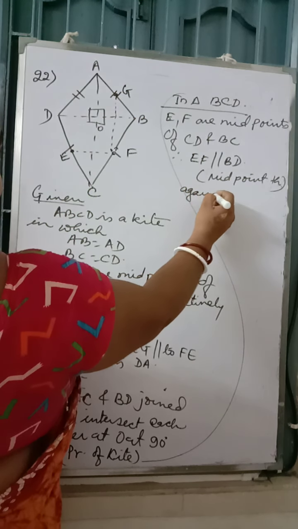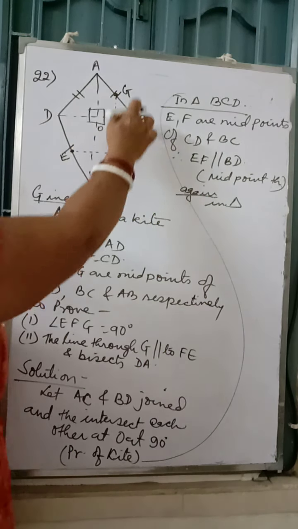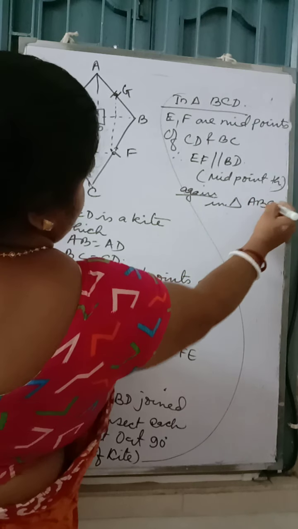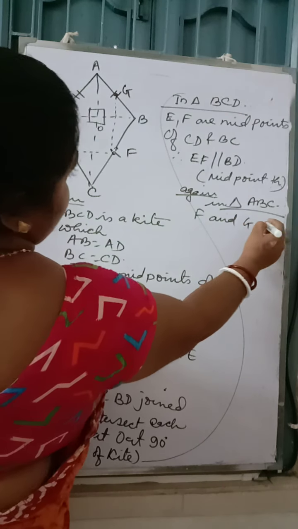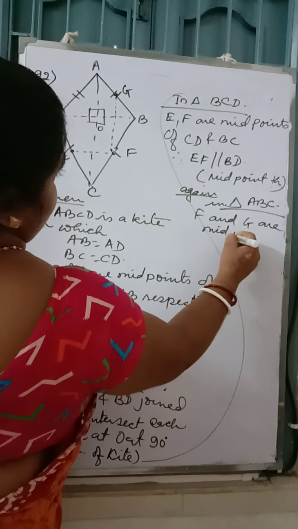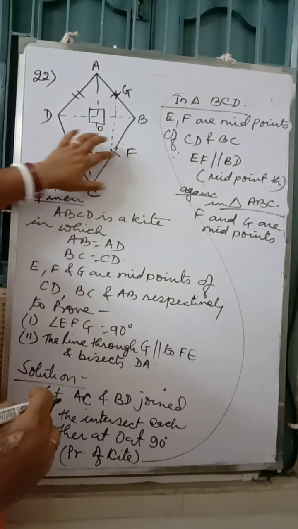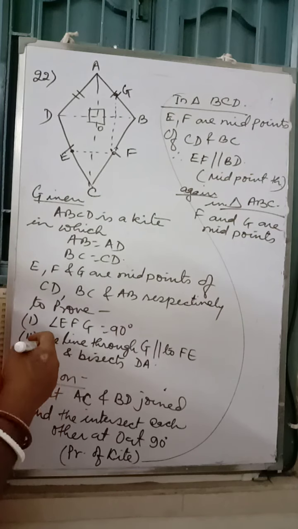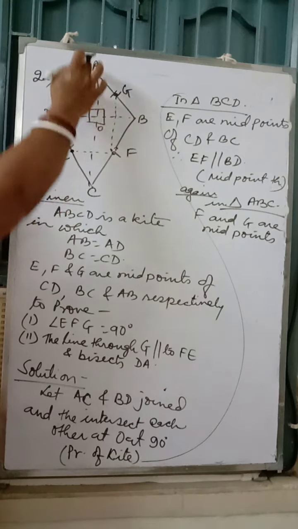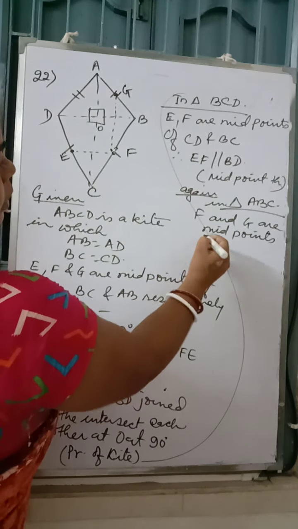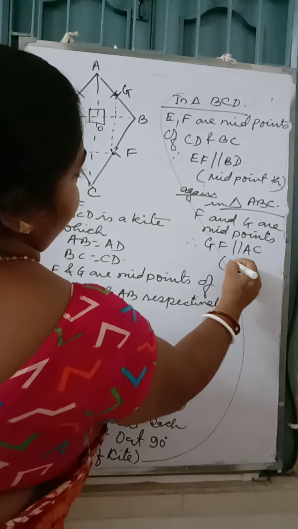Again, in triangle ABC, F and G are midpoints. In triangle BCD, EF was midpoint, so EF would be parallel to BD. And now in ABC, GF are the midpoints, so GF would be parallel to AC according to the midpoint theorem.